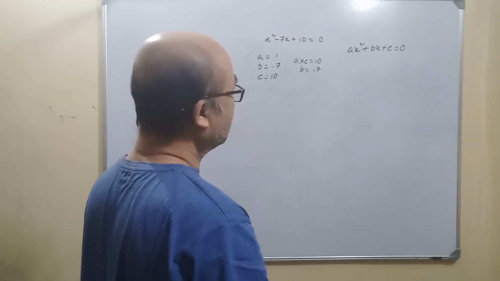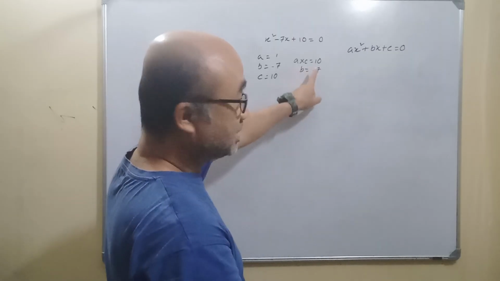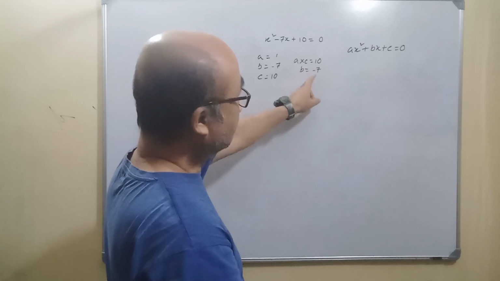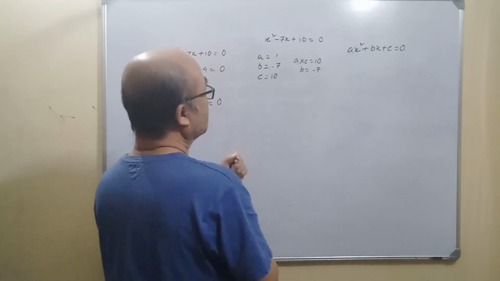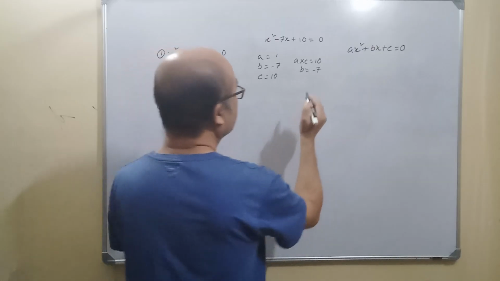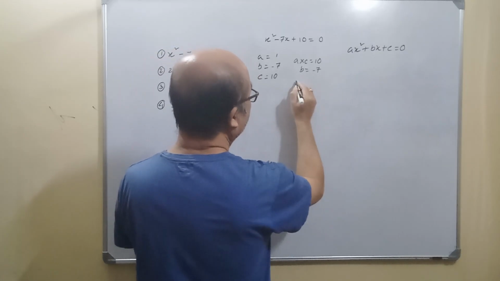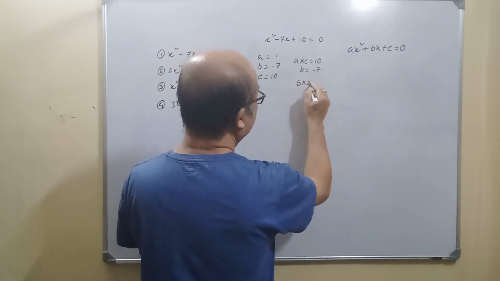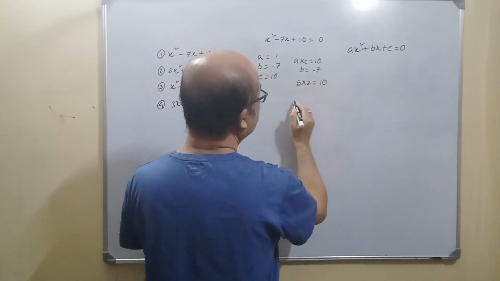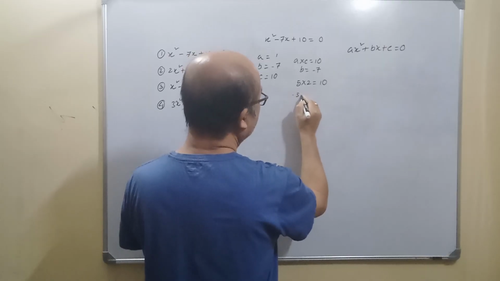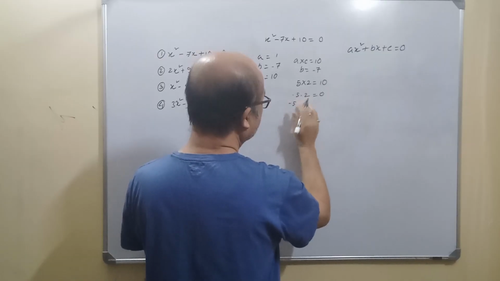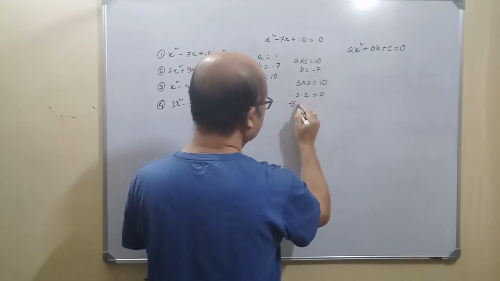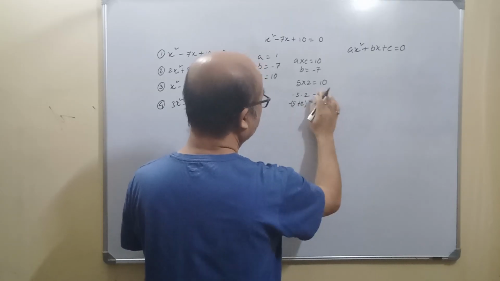So we need two numbers whose product is 10 and whose summation is minus 7. So the two numbers are 5 into 2 is 10, and actually this is minus 5 plus minus 2, summation is minus 7.